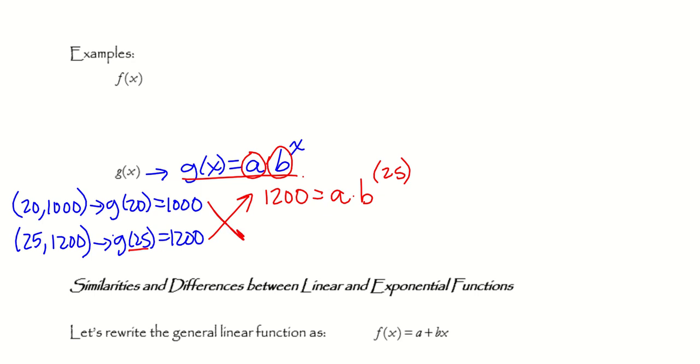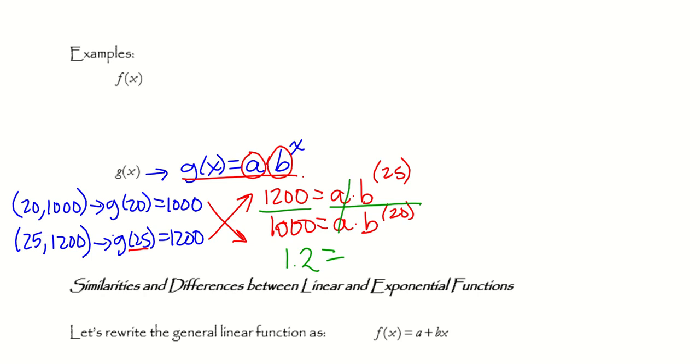With the second point, I plug that in, and I get 1000 for g of x equals a times b raised to the x, which in this case is 20. Now, I'm going to take these two equations and divide both sides. When I divide 1200 by 1000, I get 1.2. Seems like we've seen that number before.